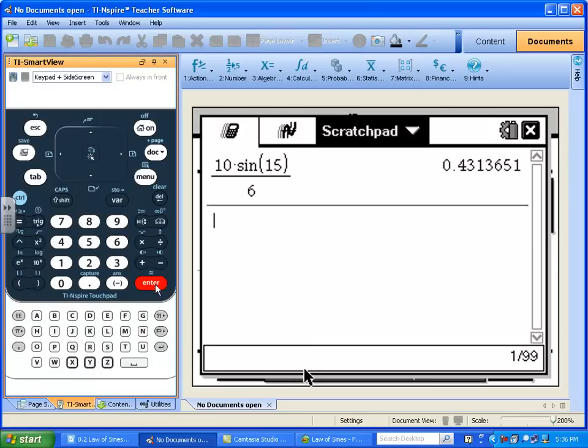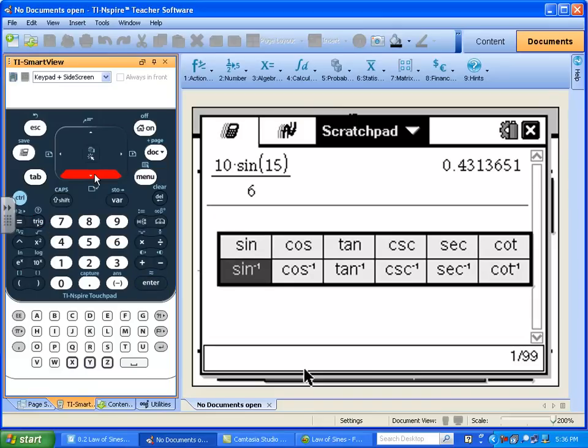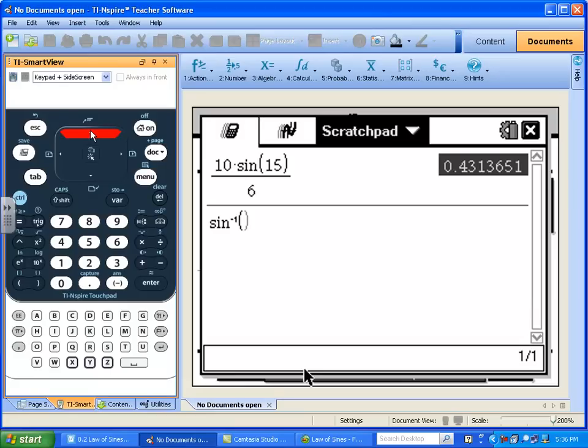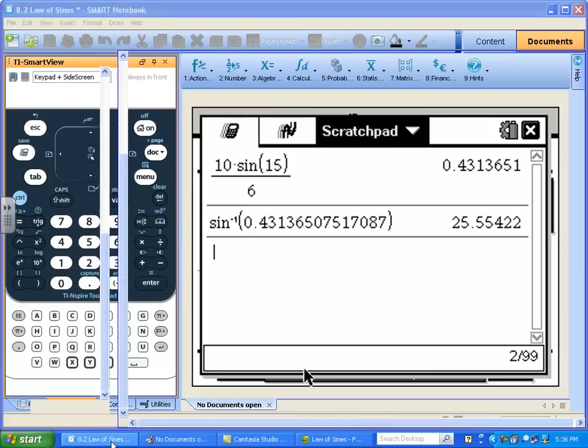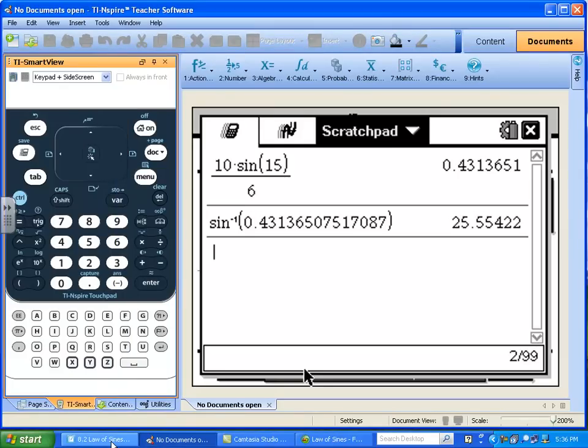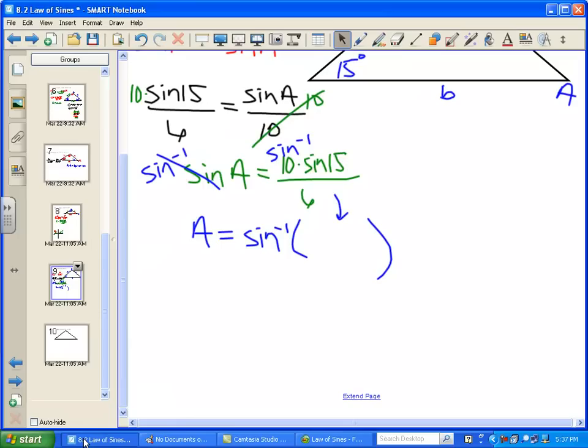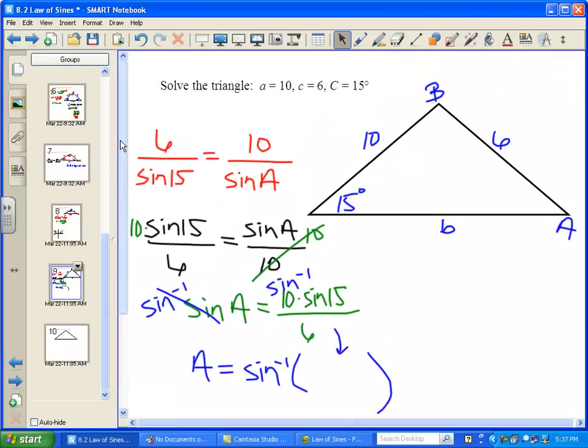There we go. So I get that ratio. And I know I'm going to have to take the sine inverse, so I'll go trig, sine inverse, go up one level and grab that and hit enter. And I get 25.6 degrees. So it turns out that angle A is 25.6 degrees.